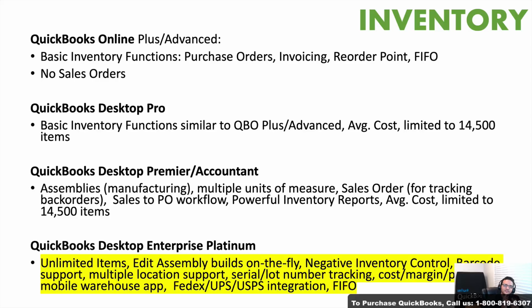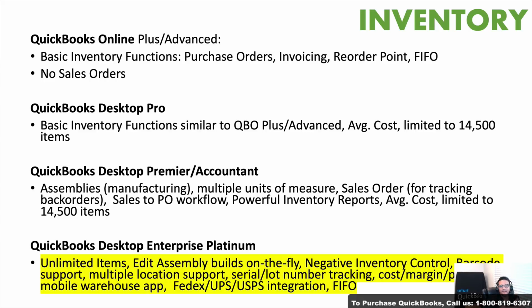Now, if you still do light inventory, I think QuickBooks Premier and Accountant is a good option. It allows you to manage back orders with sales orders, which is a really powerful feature. And then most of my customers that do inventory, we don't even get them into QuickBooks Pro. And we just avoid using QuickBooks Online overall, because you can't do back orders and it's very basic inventory functionality.